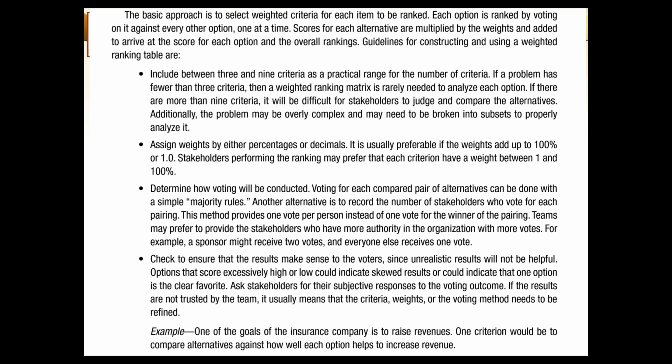So the good way would be, once you have done the voting and selected the options, if you find that there is a large difference between the selected option and other options, that means either that is the best option or there is some kind of favoritism going on, some kind of result is being skewed. So to satisfy that, you should get back to your stakeholders and ask them their opinion about the results of the polling or voting.